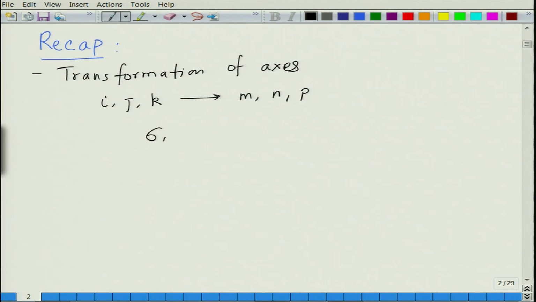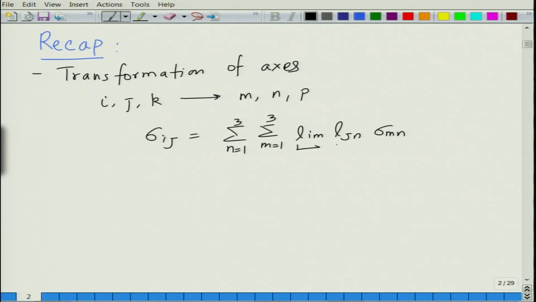For example, for stress one can use this relation: sigma ij is equal to summation over n equal to 1 to 3, summation over m equal to 1 to 3, l_im l_jn sigma mn, where the l's are the cosines of the angle between the i and m axes and the j and n axes, and sigma mn depends upon how you add these.